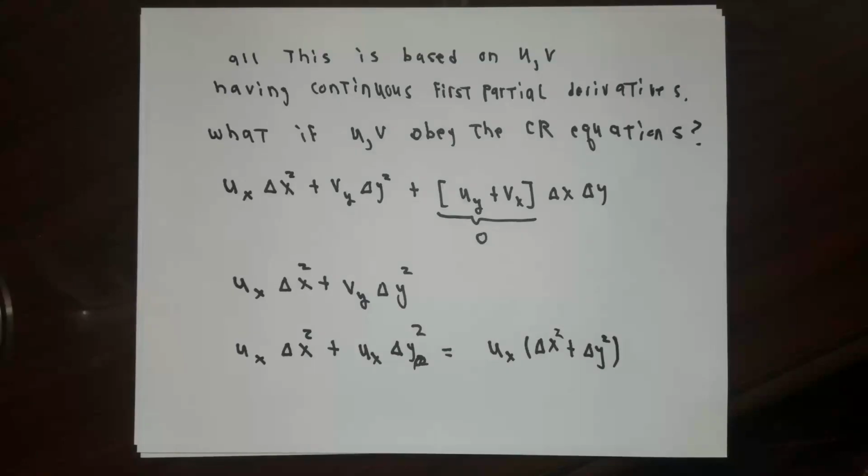But again, if u and v obey the Cauchy-Riemann equations, then v sub y is the same thing as u sub x, and the real part of the numerator simplifies to partial of u with respect to x at the point of interest times delta x squared plus delta y squared.